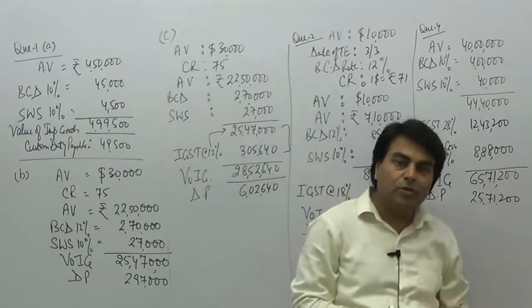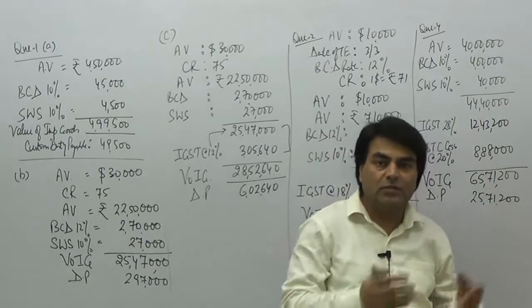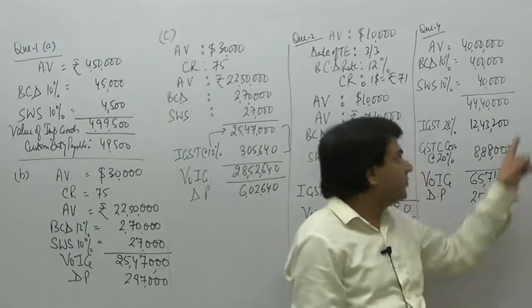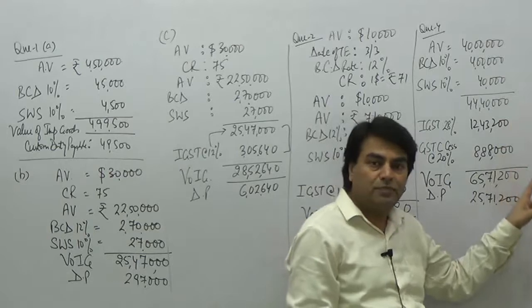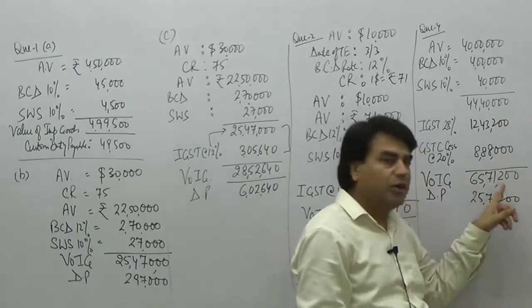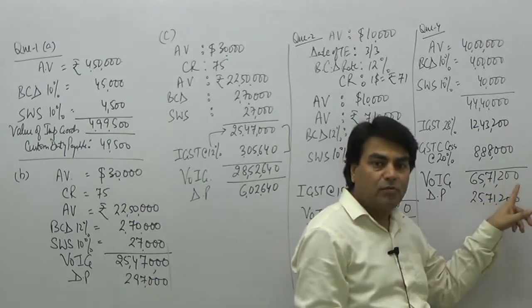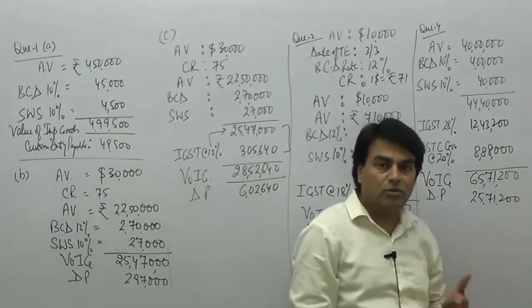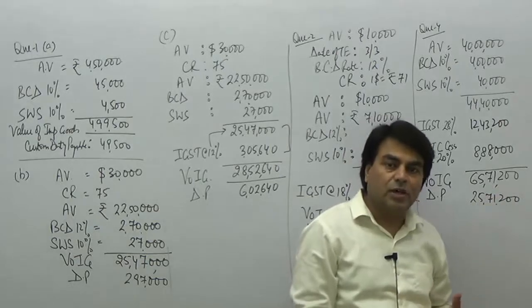The value of imported goods consists of the assessable value plus the duties on that. Okay, so instead of adding up these 4 amounts, simply straight away you can work it out by reducing the amount of assessable value from the value of imported goods. Now this way you can also check your answer. It is a kind of cross check.